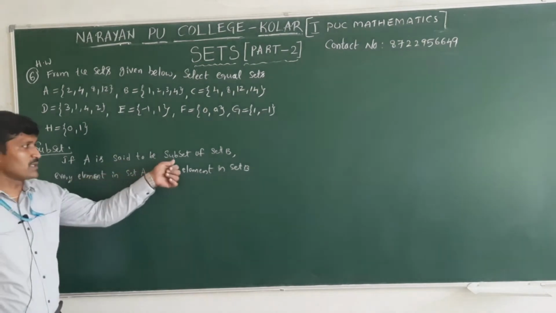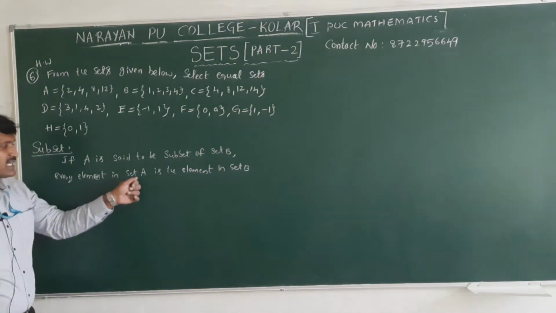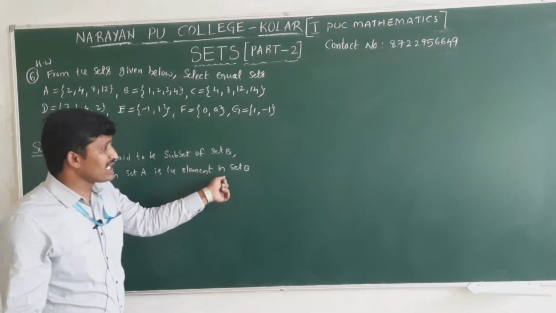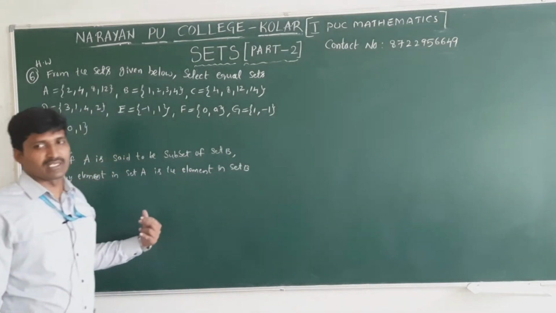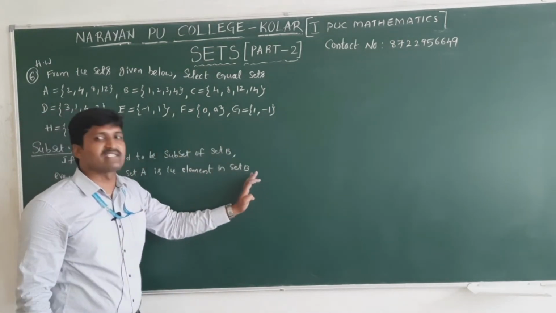A is said to be a subset of set B. Every element in set A is an element in set B. Whatever element is present in A is clearly an element in set B.